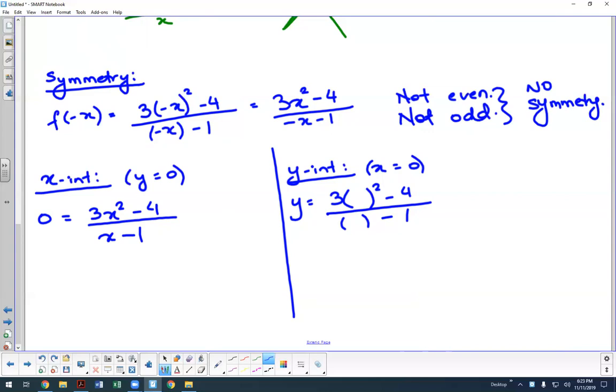So what do we get for the y-intercept? The y-intercept, you're making your x value 0, and x-intercept, you are making the y value 0.